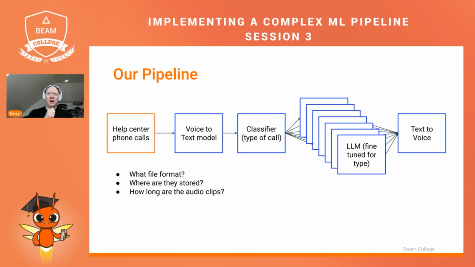So now today we're going to dive into each of those steps and talk a little bit about what we're going to do in a more concrete way. So let's begin with the help center phone calls. Naturally, we need to ask ourselves, what format do those files come in?